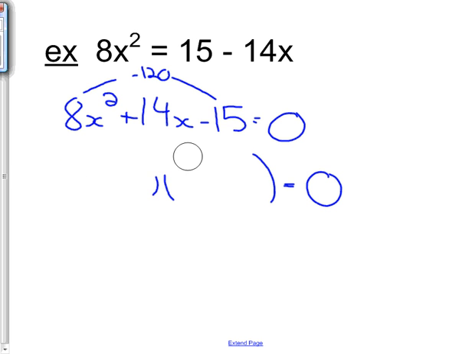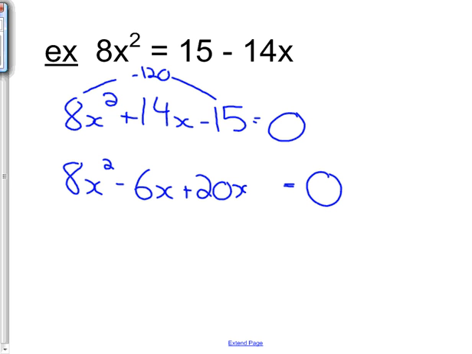Before we do the brackets, that's just breaking down our 14 into negative 6 and positive 20. Now we can group. Doesn't matter which order, we still get the same answer.